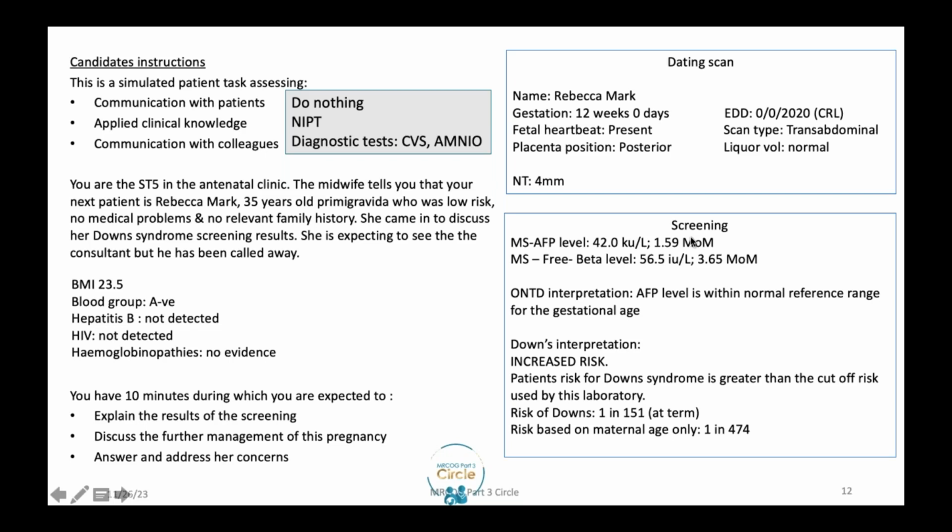At 20 weeks, we can only detect the physical disabilities. Regarding the mental condition, we can't assess it before birth. Okay.